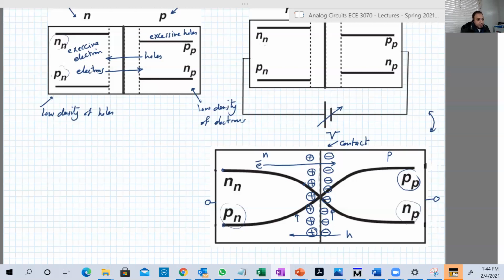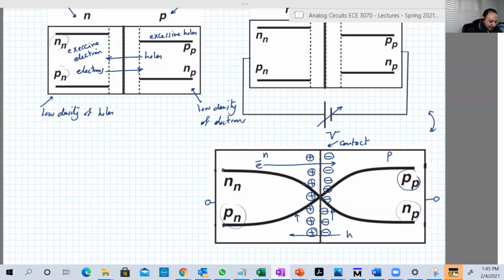So why will these ions eventually lead to the end of this motion of holes from P to N and electrons from N to P? This is basically the concept of drift again.